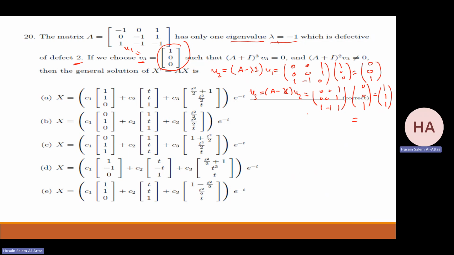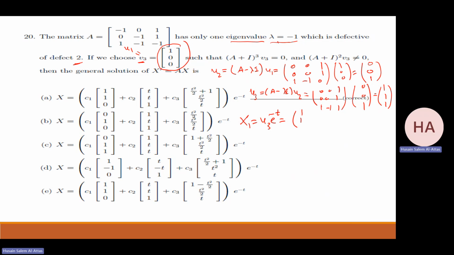Okay, so now what will be my answers? X1, U3, which you can write as V1, going backward and forwards. E to the power, what is my lambda? Minus t. And that gives me 1, 1. Yeah, there is a mistake somewhere. Which was 1, 0, 0. So this times this, 0, 0. And the last one is 1.